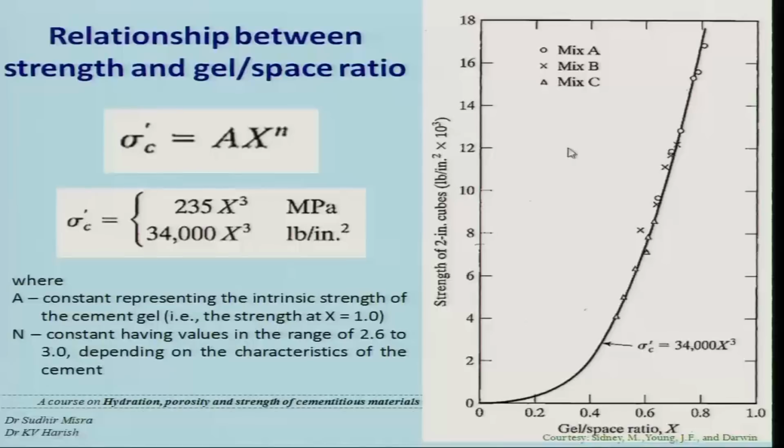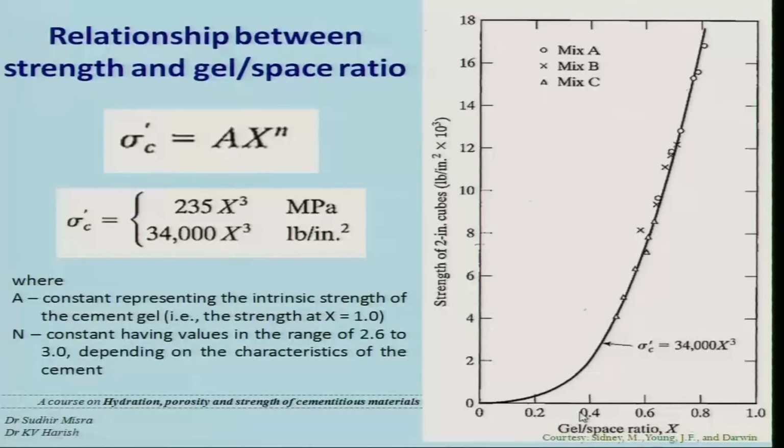So what Pore did is he took 3 mixtures, and he cast cement mortars. He cast 50 specimens or 2-inch cube specimens, and in these 3 mixtures he varied the gel to space ratio by varying the water to cement ratio.